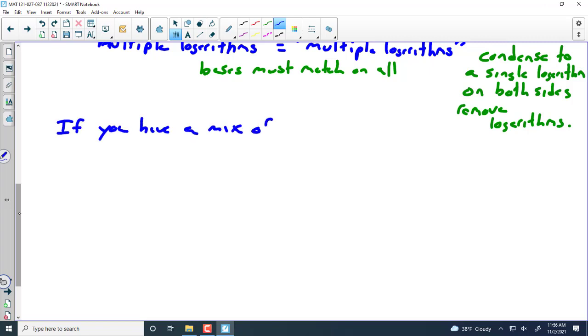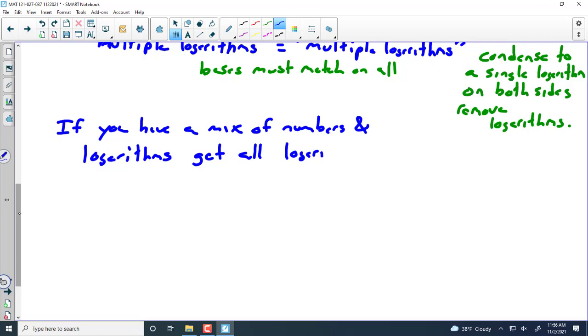If you have a mix of numbers and logarithms, get all logarithms on one side and condense.